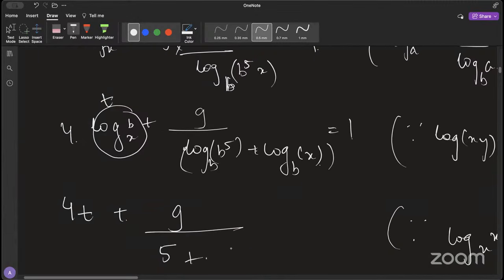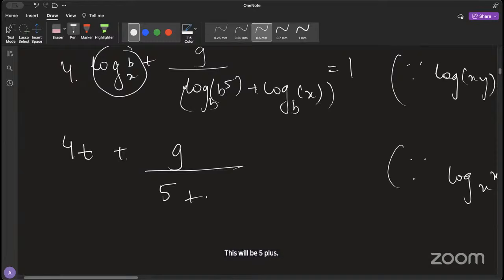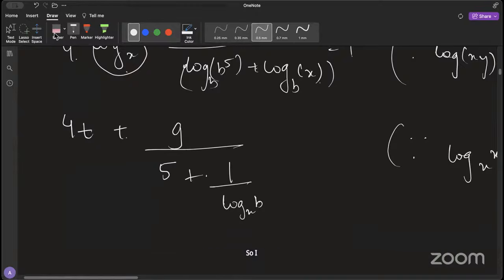This will be 5 plus log base b x, but I can write this as 1 by log base x b. And this is t, right? I've taken this thing to be t. So I'll replace this with a t. So I'll have 5 plus 1 by t.